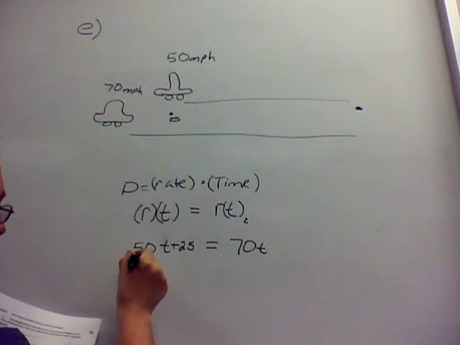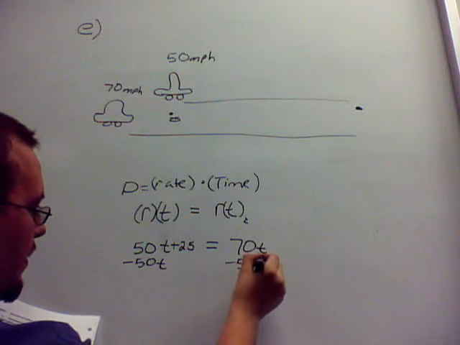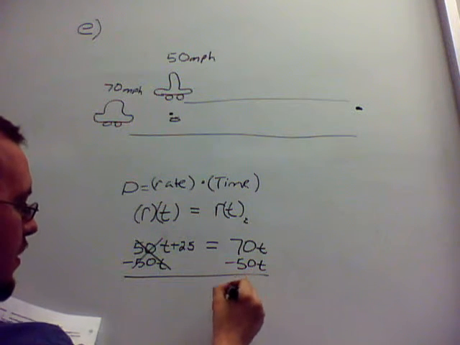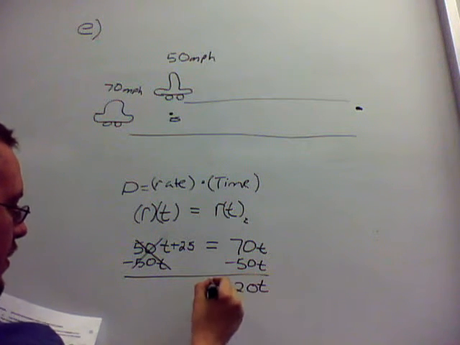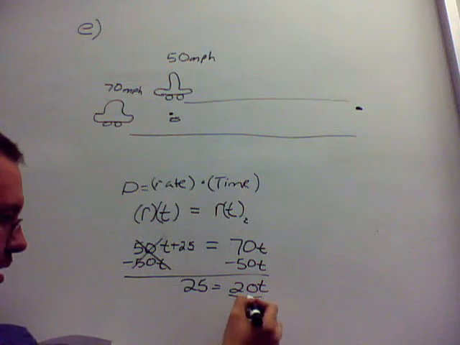So we're going to put all the t's on one side. All right, divide by 20.